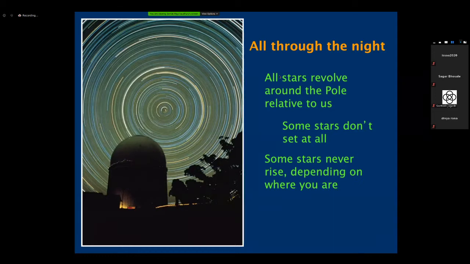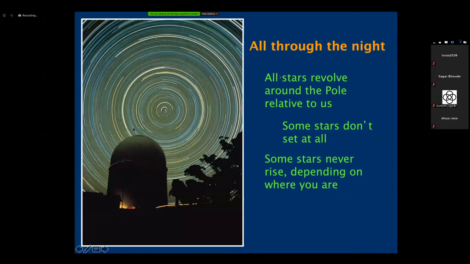This is nothing but a long exposure picture of the sky taken through the night. Okay, so what has happened is that the camera is open and kept open all through the night, and all you're seeing is the stars going around.